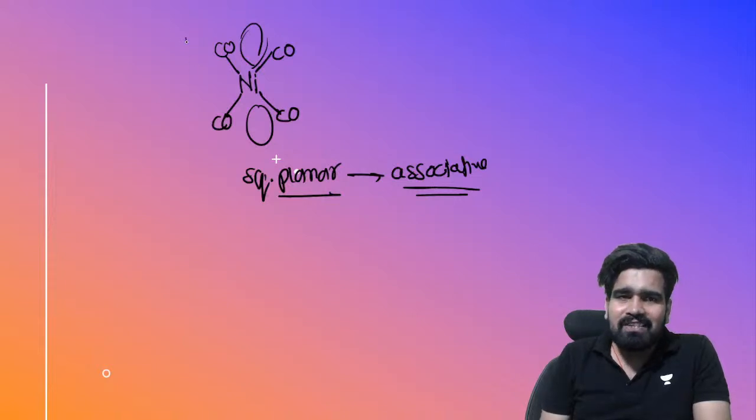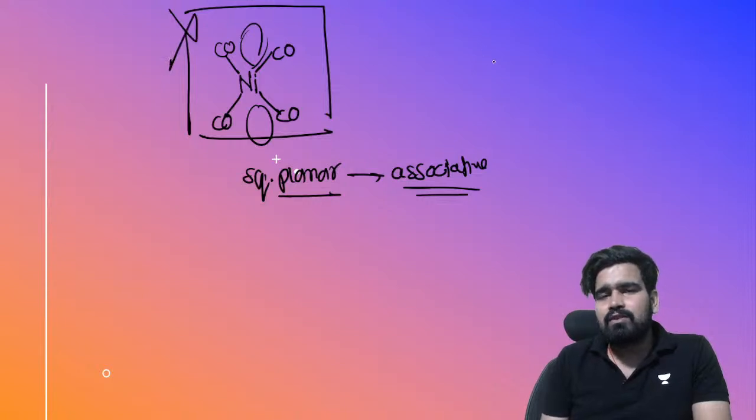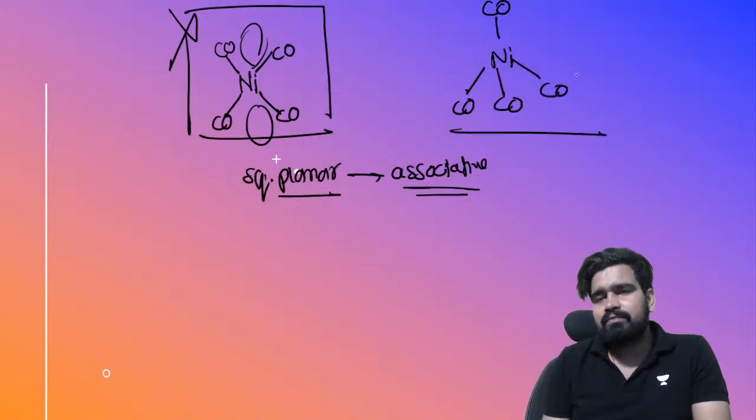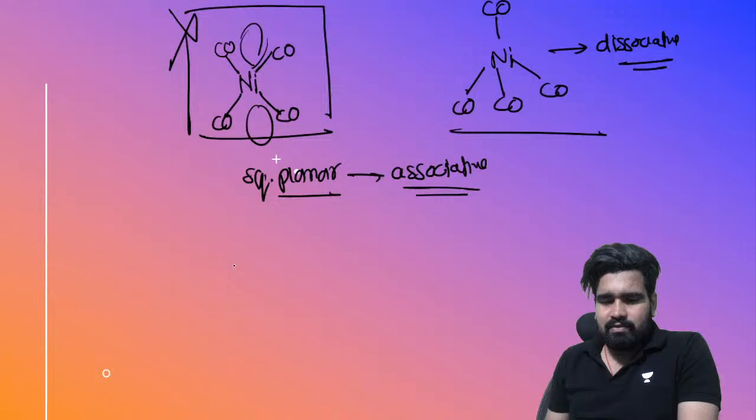But we know this is not the actual structure, this complex is not square planar in nature, so it is a dissociative mechanism. Getting it? You can check it out.